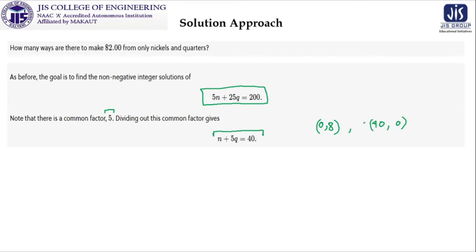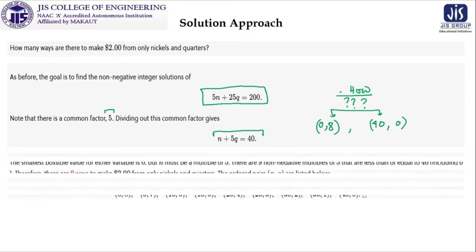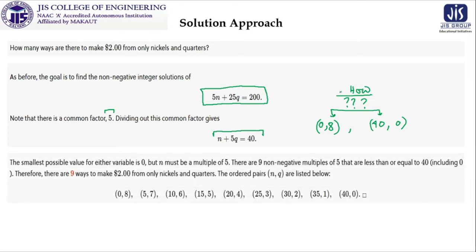But is it restricted to only these two? Is there something more? If so, how many? These are the questions. Let us approach this problem with common sense: the smallest value of either variable is 0, because it cannot be negative.